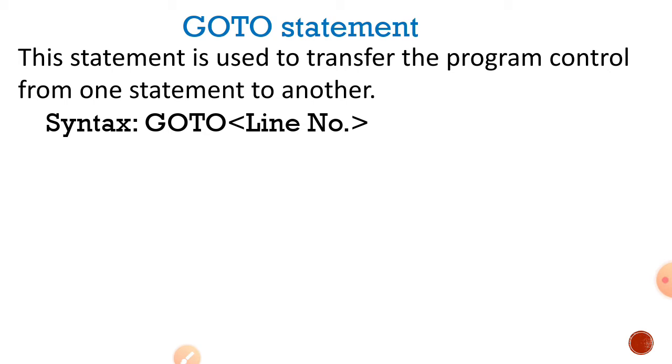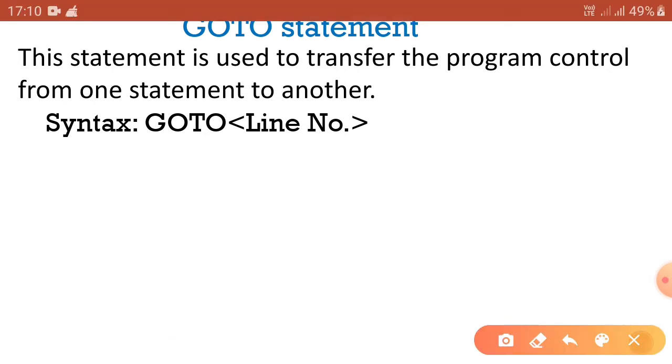In other cases, QBasic understands and executes the program correctly even if there are no line numbers. Here is the syntax of GOTO statement. At first you have to write down the GOTO statement, then you have to write the line number where you want to transfer the control. Got it? Go to the next.